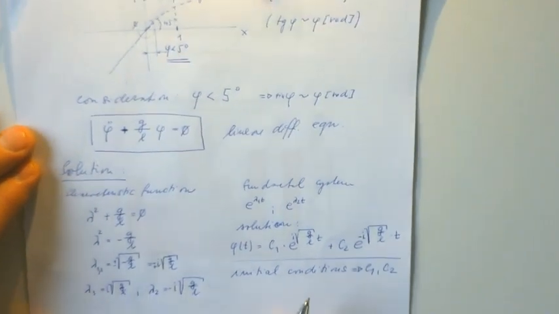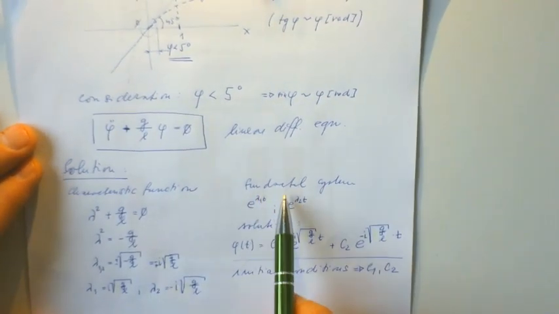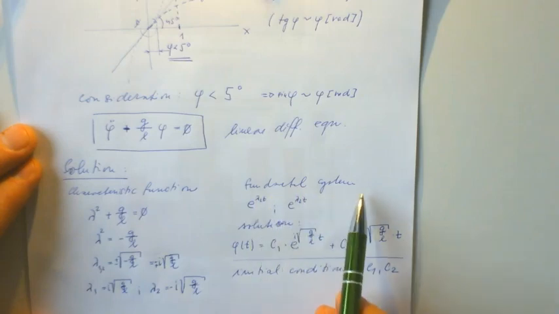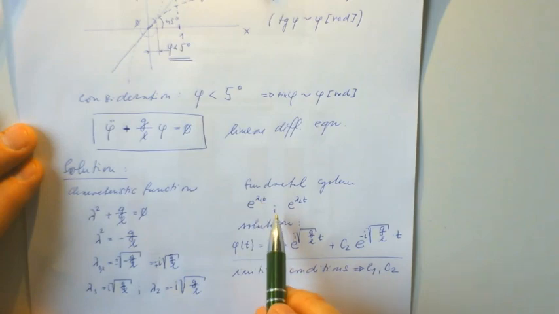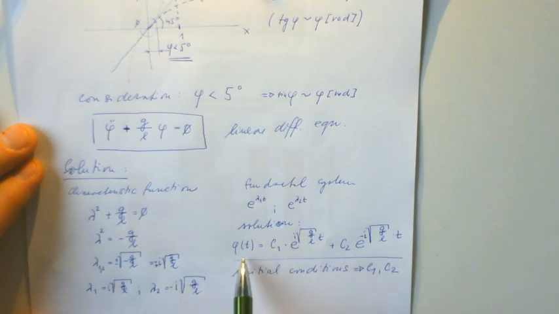Then we write the so-called fundamental system. It is e to the power of lambda 1 t and e to the power of lambda 2 t. And the final solution is this.